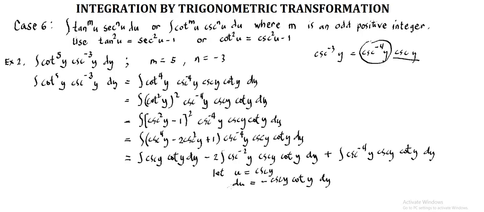And then, of course, we'll have negative du equals cosecant of y, cotangent of y dy. So, lagay natin yung negative dito sa du. So, negative du equals cosecant of y, cotangent of y dy.